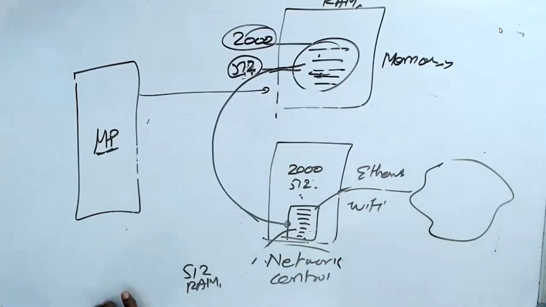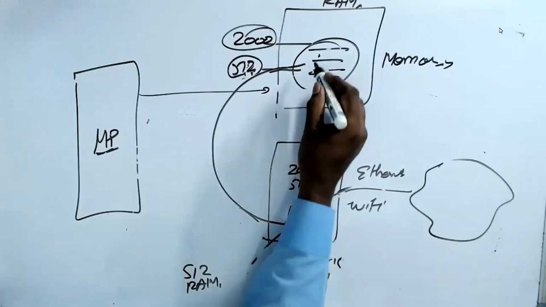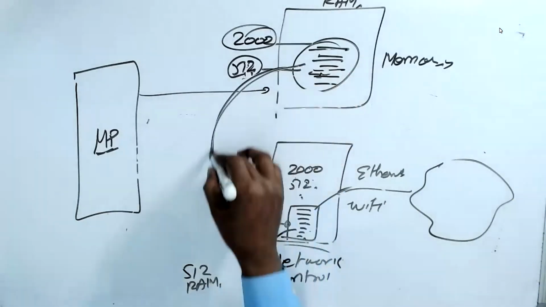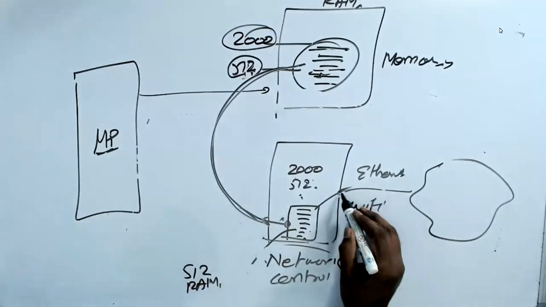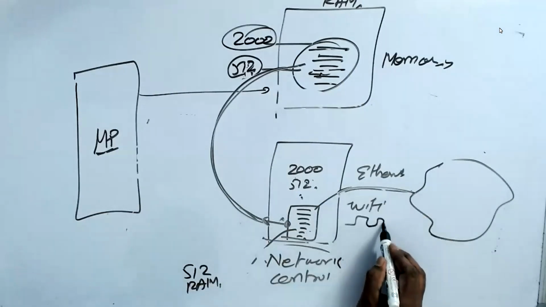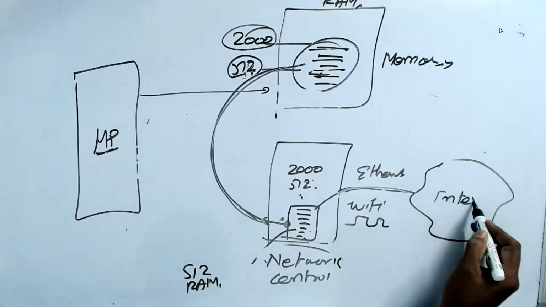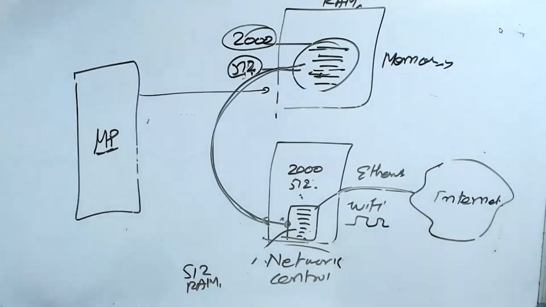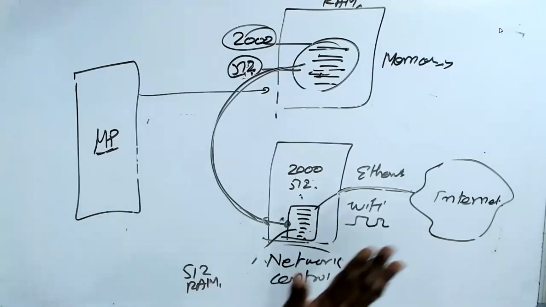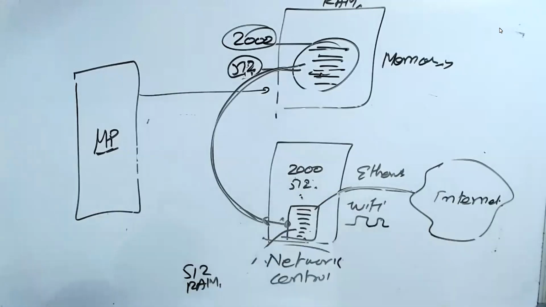Now the controller copies this file from here to here and sends it serially over Ethernet to the internet. Okay. It's clear where the DMA is used.